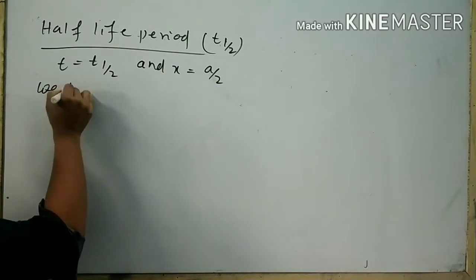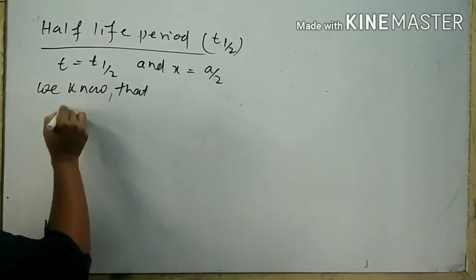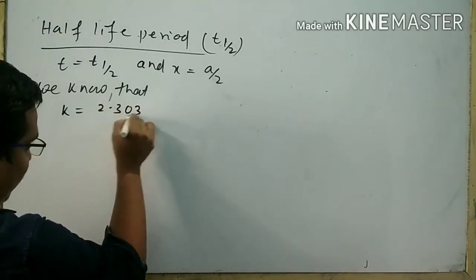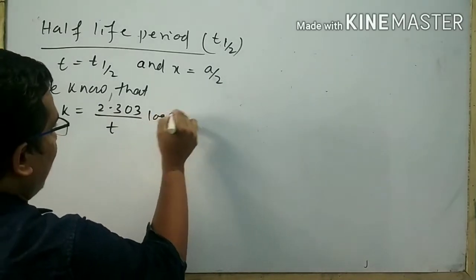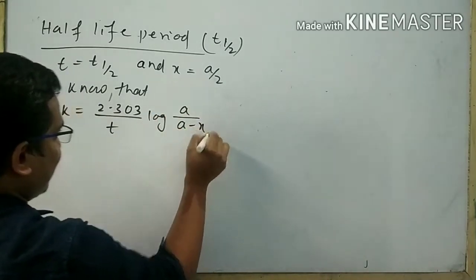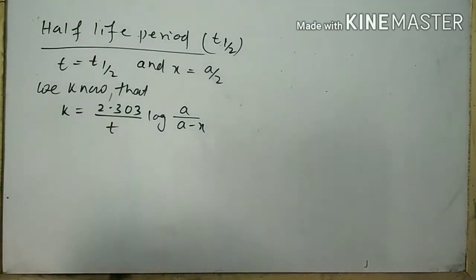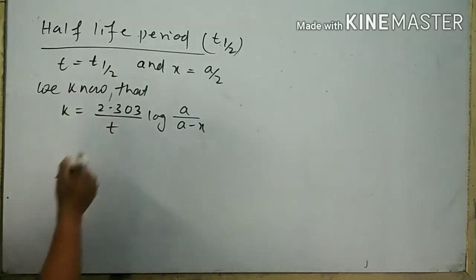We know that k is equal to 2.303 divided by t log a by (a minus x). This is the integrated rate equation for first order reaction. Now put the values of t and x in this equation.